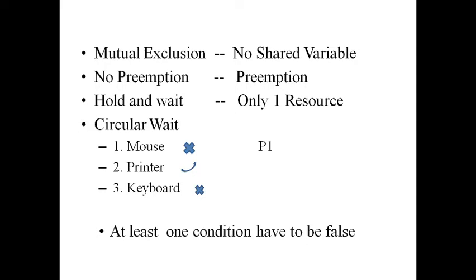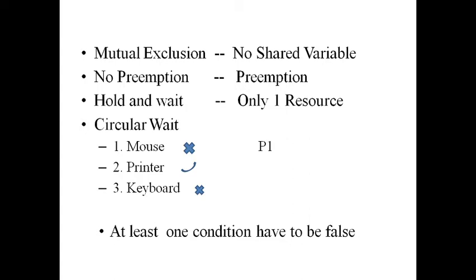That is preemption: if P1 is holding a resource and a high priority process, or any other process, comes and asks for the resource held by P1, then the resource is given to P2. P2 asks for the resource directly and P1 gives it to P2. This is how you can prevent deadlock. This is also one of the methods, but I don't think it is the safest one.